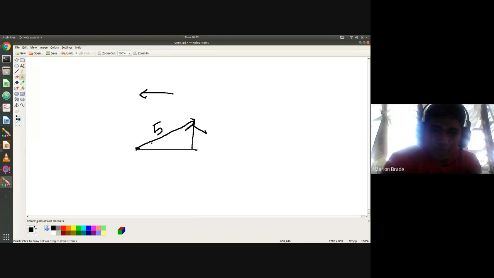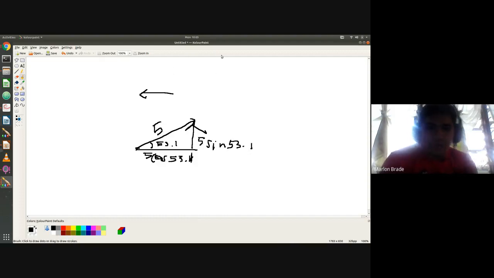What is its component? The angle is 53.1, right? So this component is 5 cosine 53.1, and this one is 5 sine 53.1, okay?